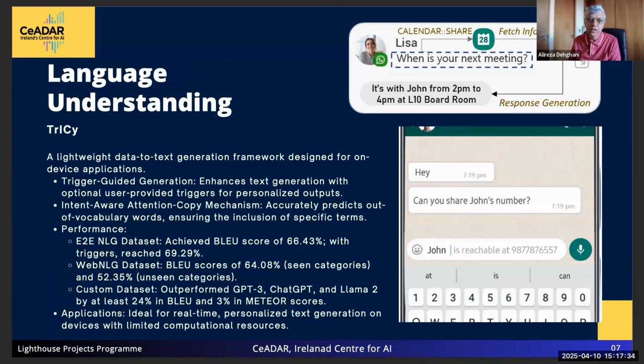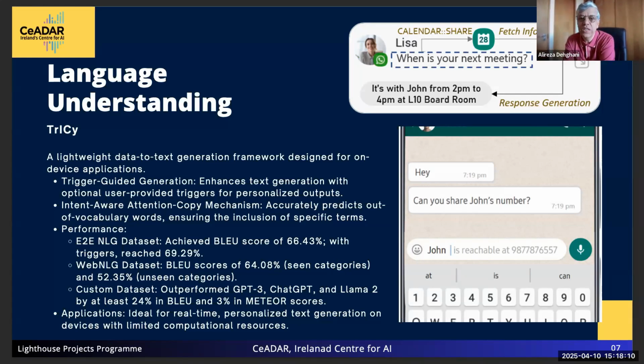Okay, so let's have a look at the next one, which is a very, very interesting application again, called Trissy. Trissy is a lightweight AI system that can turn your data into natural sounding text. We are facing a lot of situations where we collect loads of data, but they are just raw data, okay? But how about if you can leverage LLM to dig into the data and do something?